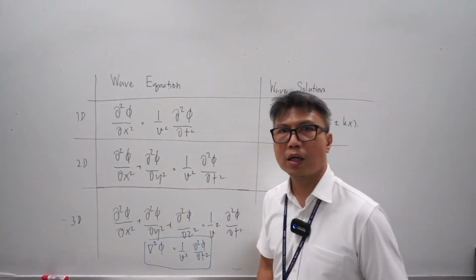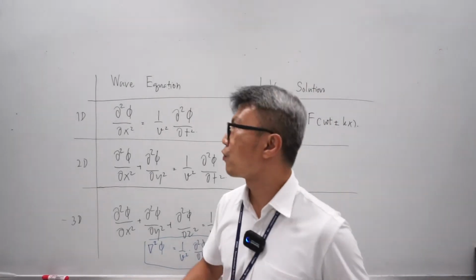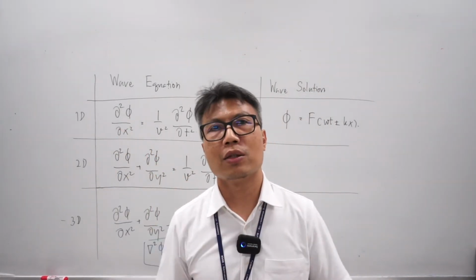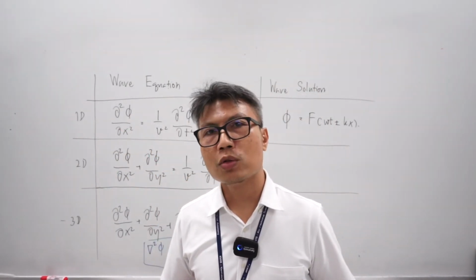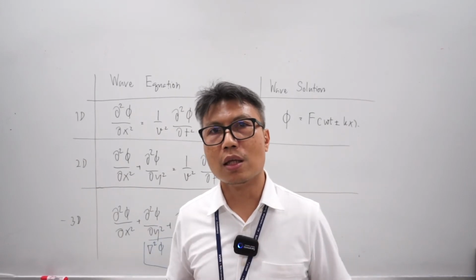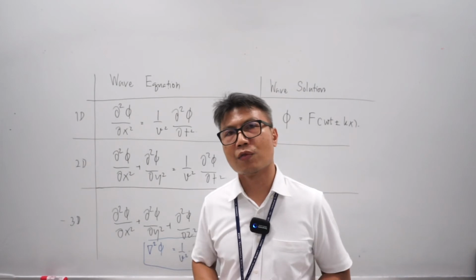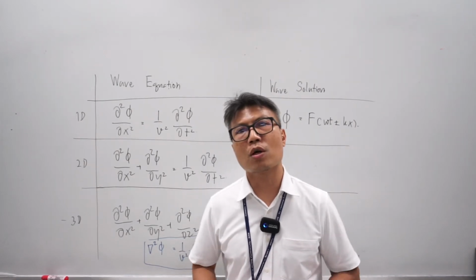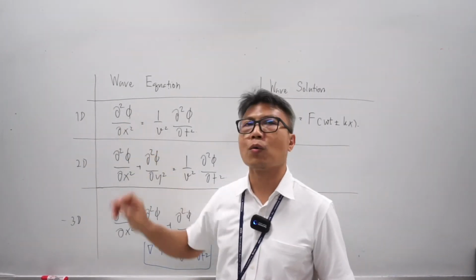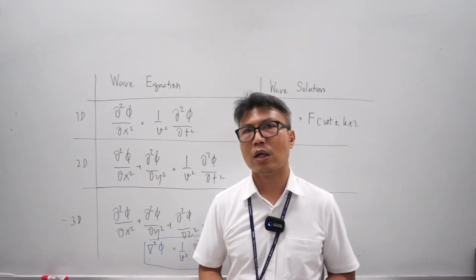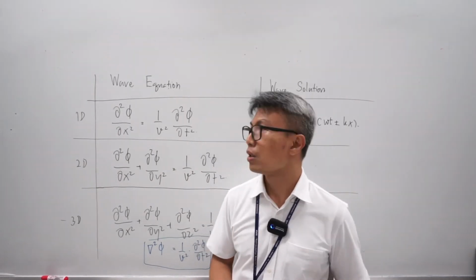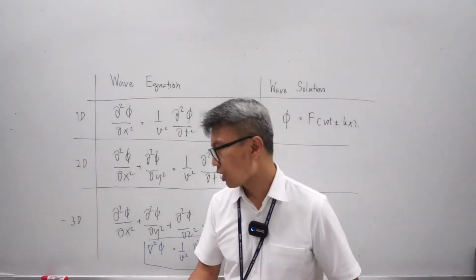So if you want to check whether the quantity phi that you are interested in is a wave or not, you have 2 ways to check. The first one is to check the physical properties of the phi quantity, for example reflection, refraction, interference, and diffraction.